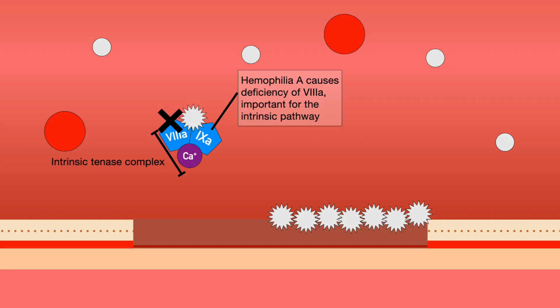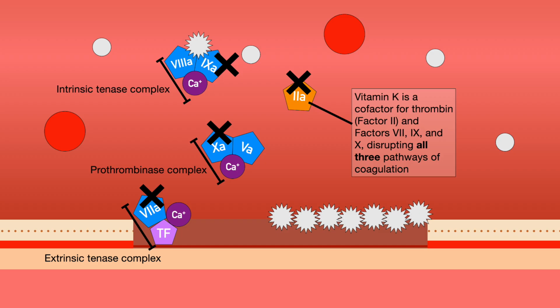Hemophilia A is a congenital disease causing deficiency of factor 8, which is part of intrinsic kinase complex. Similarly, hemophilia B causes deficiency of factor 9, which is the other component of intrinsic kinase. Vitamin K is a cofactor for the coagulation factors 2, 7, 9, and 10.